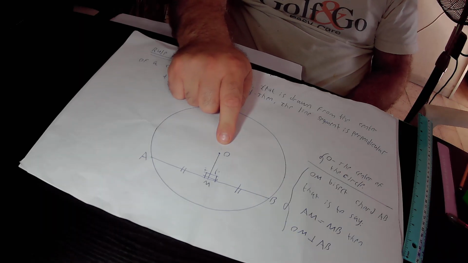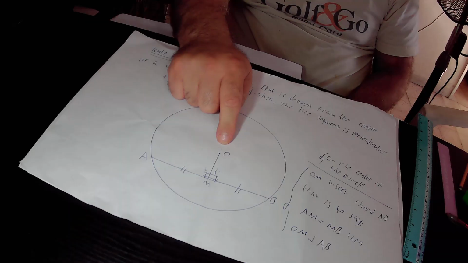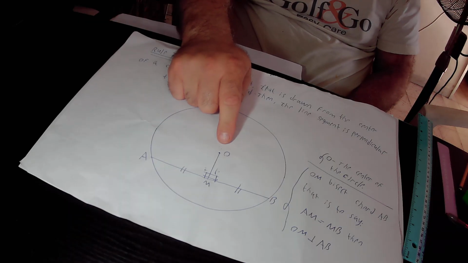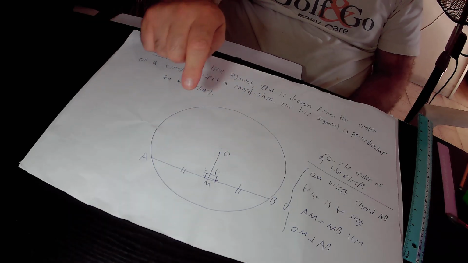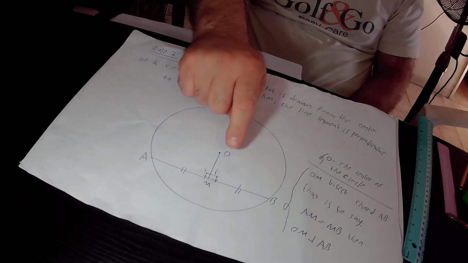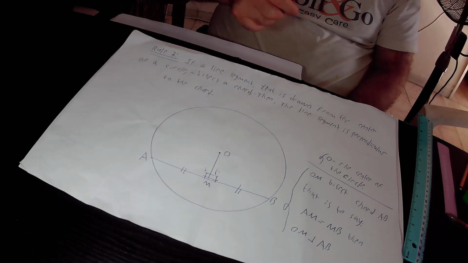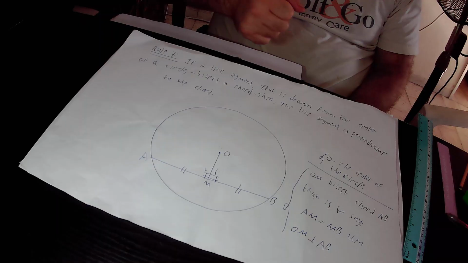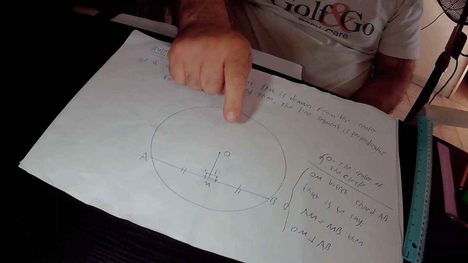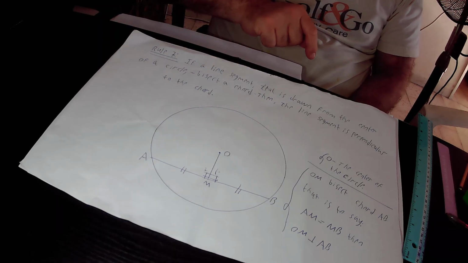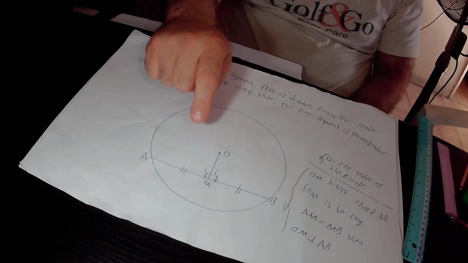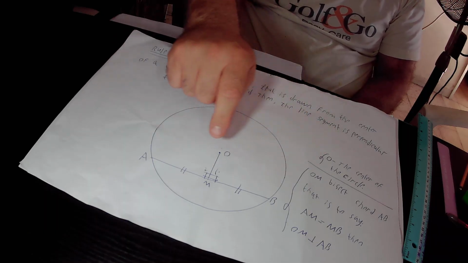From the center, from this point O, we have line segment OM that bisects chord AB. That is to say MA equals MB. And therefore, whenever you have a line segment drawn from the center of the circle that bisects the chord, like in this drawing, then line segment OM will also be perpendicular to AB.